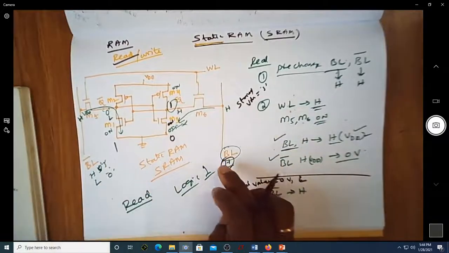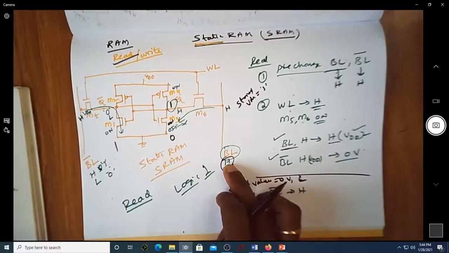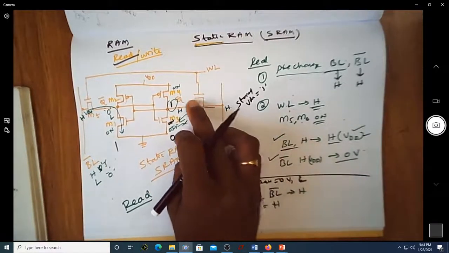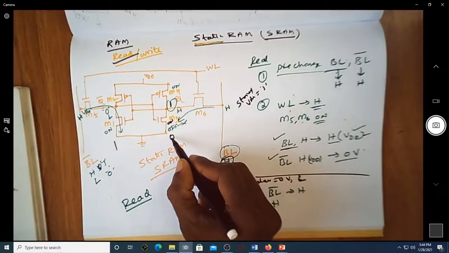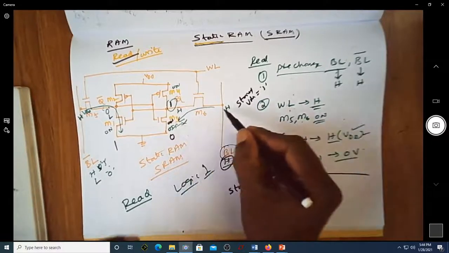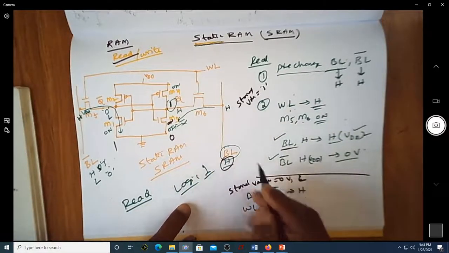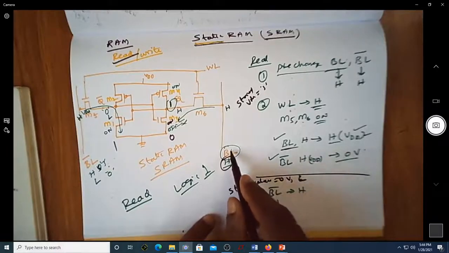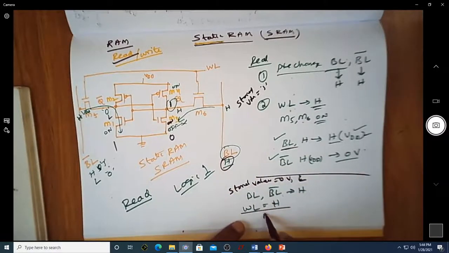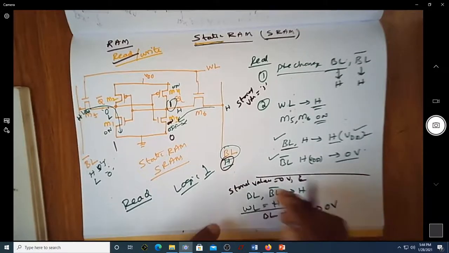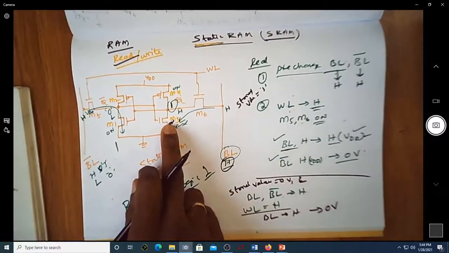When this is on, the high you had here will certainly be discharged to 0. That 0 will reach this bit line, because after pre-charge the bit line was high.